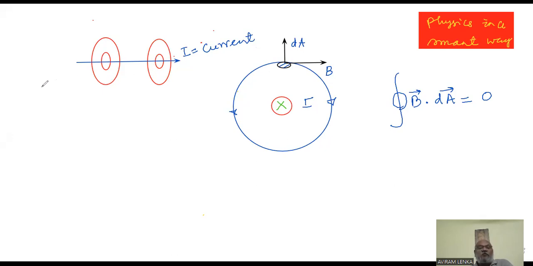So far as our basic knowledge of the current carrying conductor and the magnetic field around it is concerned, for simplicity we have taken a straight conductor. The magnetic field lines will be concentric and coaxial circles at a particular spot, starting from a very small radius and growing into bigger and bigger circles.